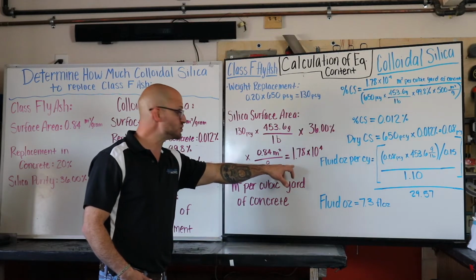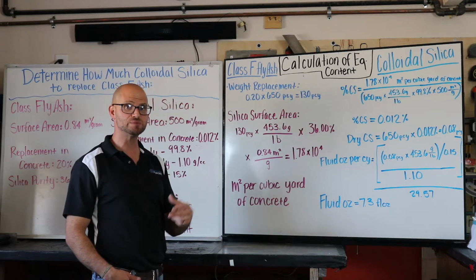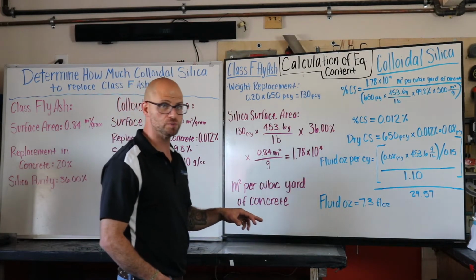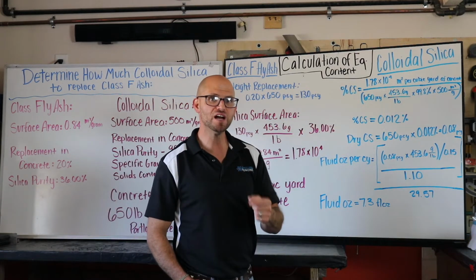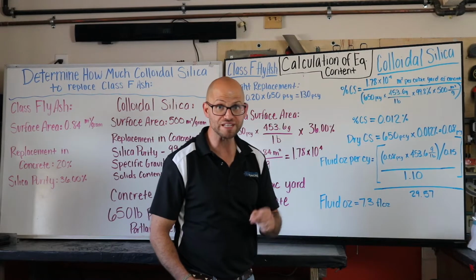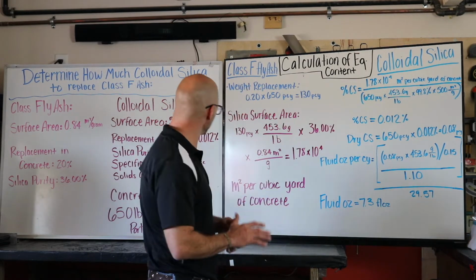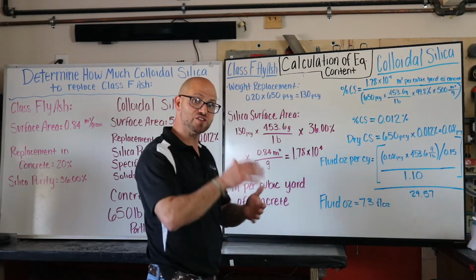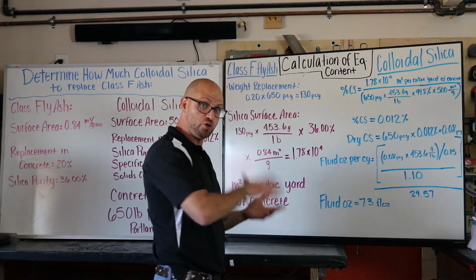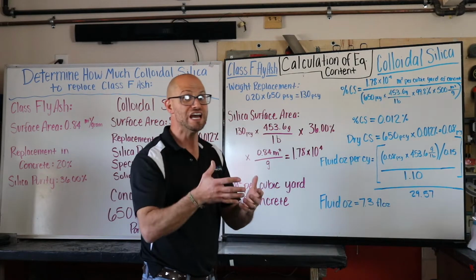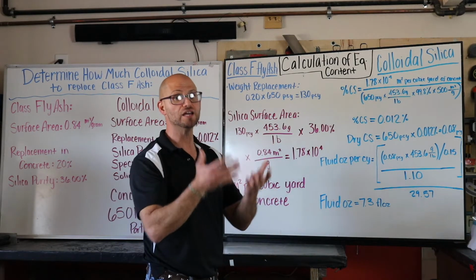So what we do is we take that 1.78 times 10 to the 4th meters squared per cubic yard of concrete, and we use that to back calculate how much colloidal silica we will need. Now, if you haven't noticed it already, Class F fly ash has a very low purity and a very low silica surface area. Colloidal silica has a very high purity and an extremely high surface area.